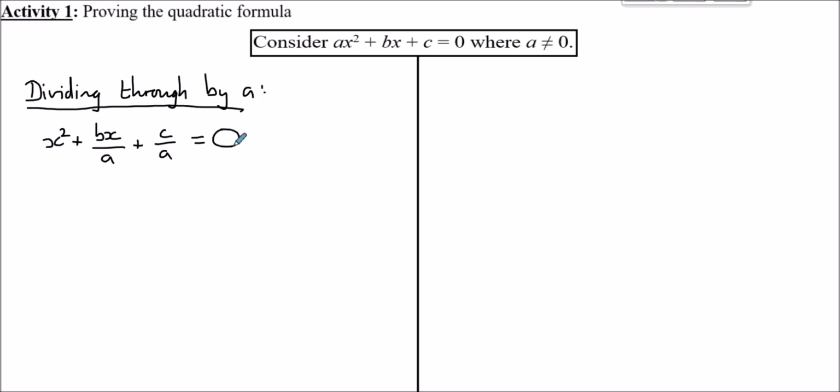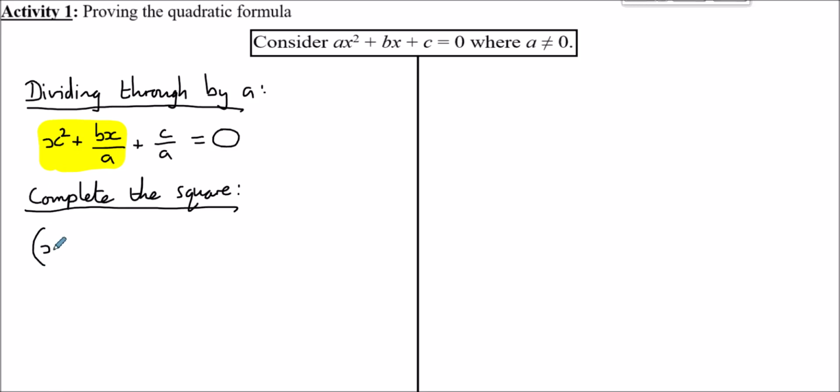So we've got it in this form now. Now we can complete the square on this. We're going to complete the square just on this part first. We're going to leave the c over a as it is. So the same idea applies, just this is more algebraic than normal. So we put the x in the brackets, and we halve the coefficient of the x. The thing before the x now is b over a.